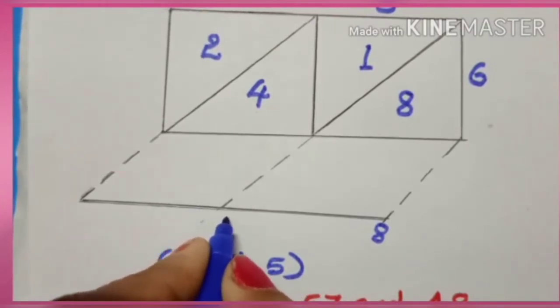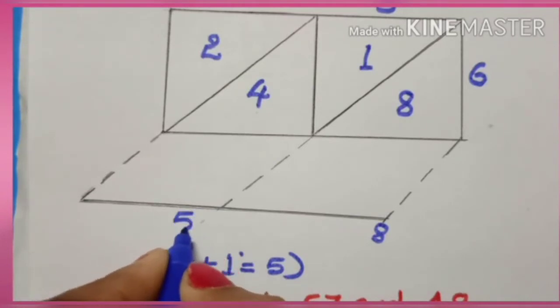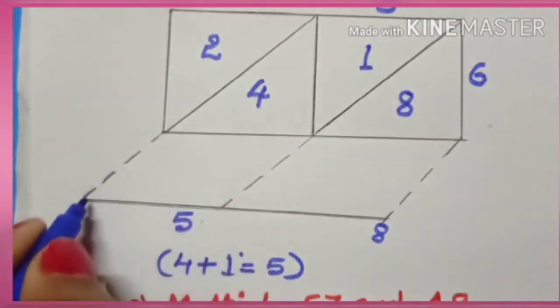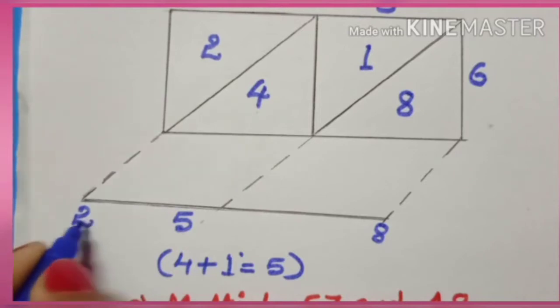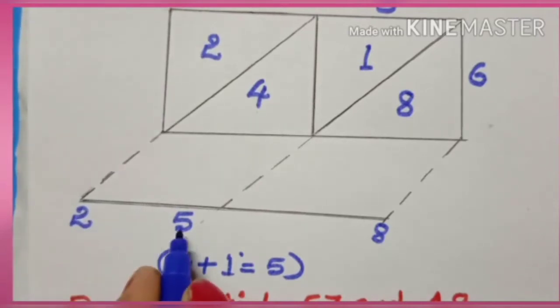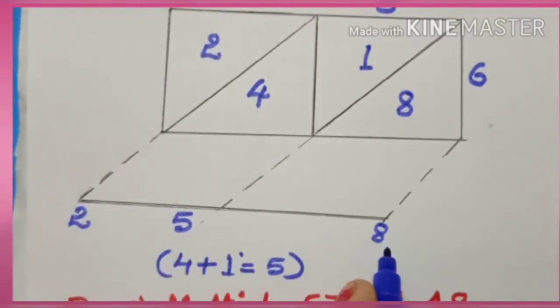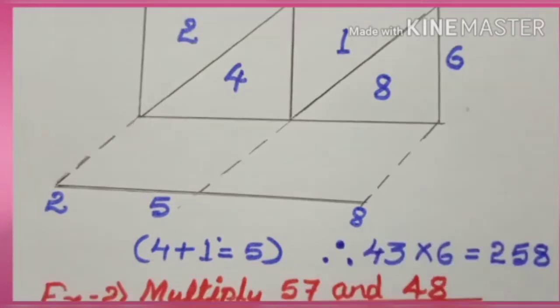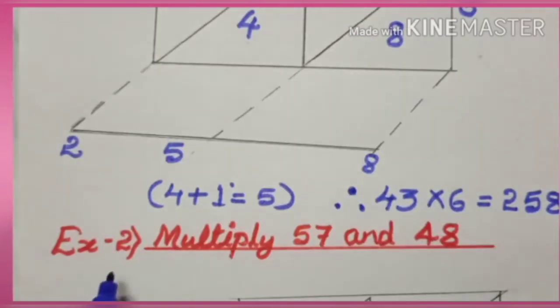Right? 5 here. And 2 write as it is. So the answer is 258. Therefore, 43 multiplied by 6 is equal to 258. Let us see another example.